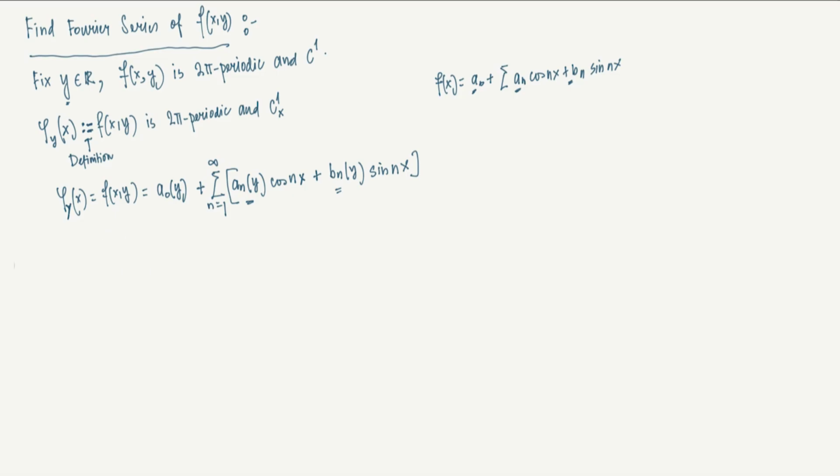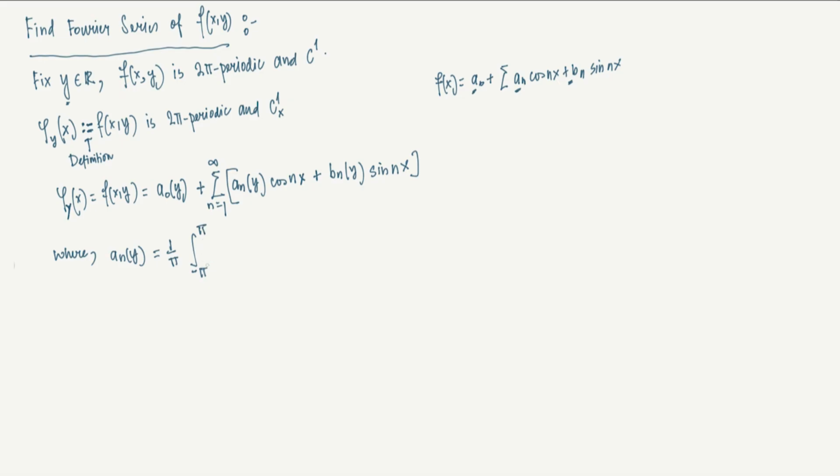So one thing, let me just put it correctly. Now what about the coefficients? If you remember the coefficients, a n of y is what? It is 1 by pi. It only depends on x in this case. So minus pi to pi. This is for a fixed y. I have fixed a y.